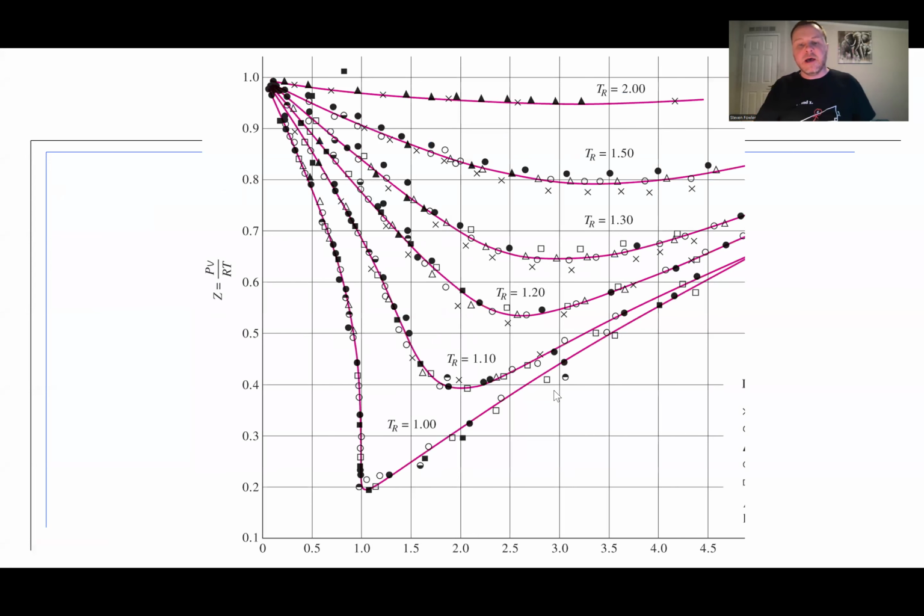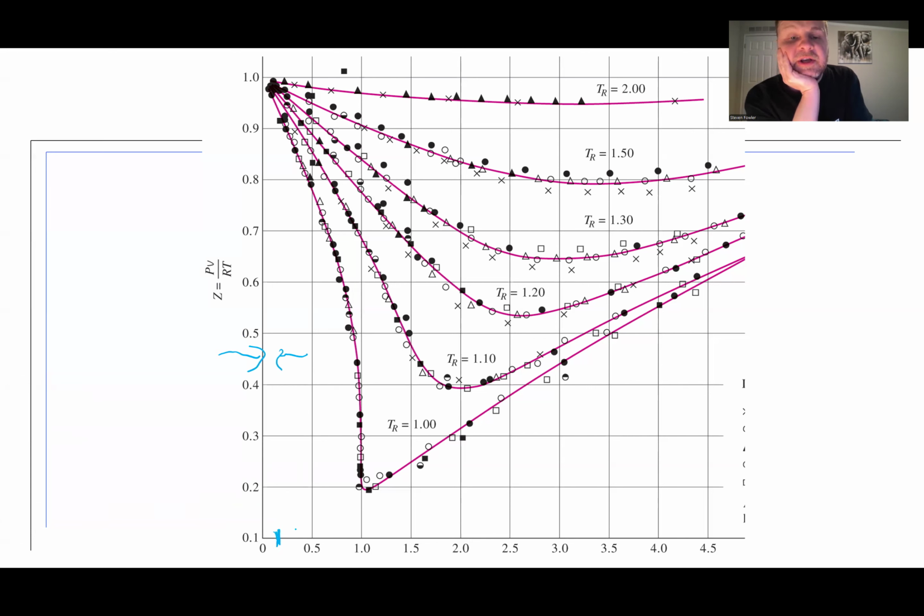So notice that, I've actually got it on here, in blue. Basically somewhere in between here is our reduced pressure.